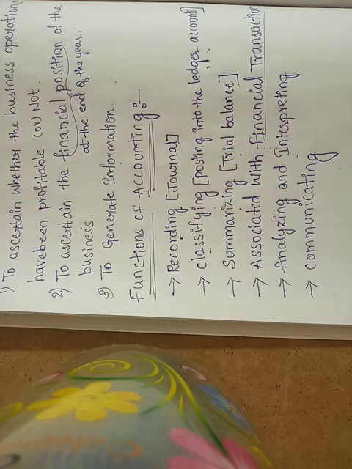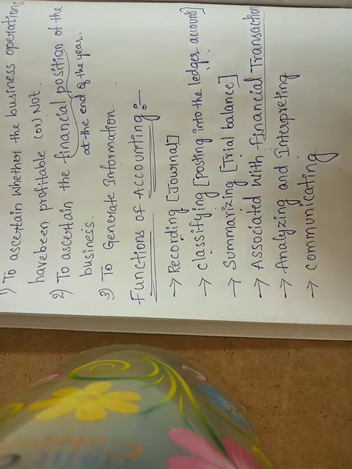An accountant must effectively utilize his innovative and imaginative abilities in this process. They have to communicate with each other in companies, in any business, in any organization. Okay, these are the several functions of accounting.